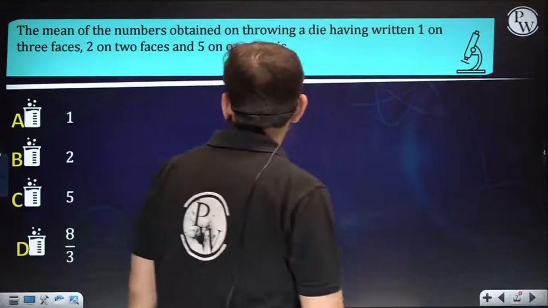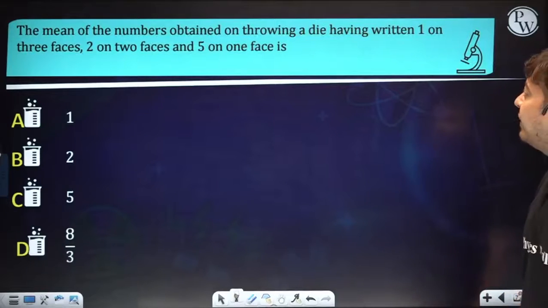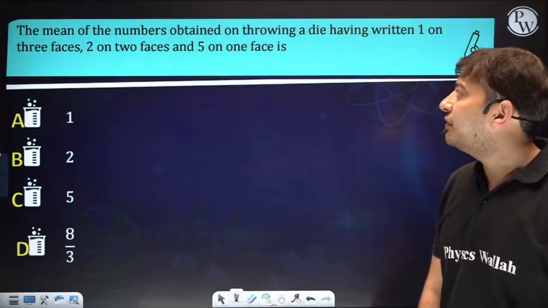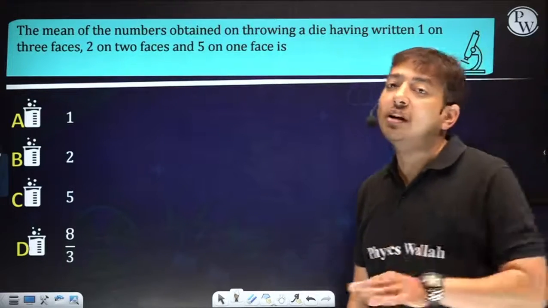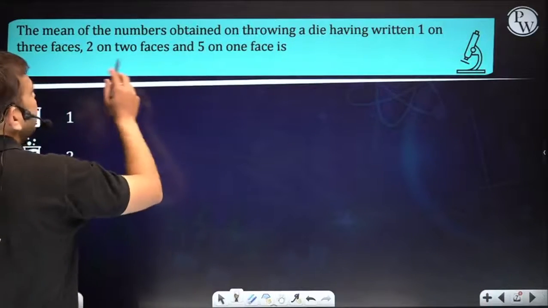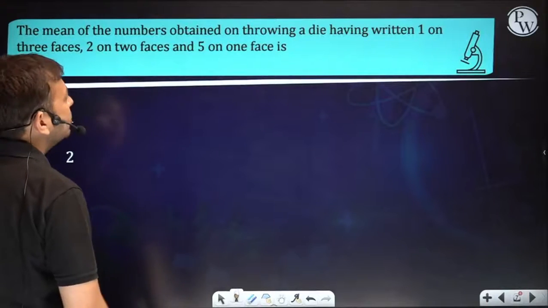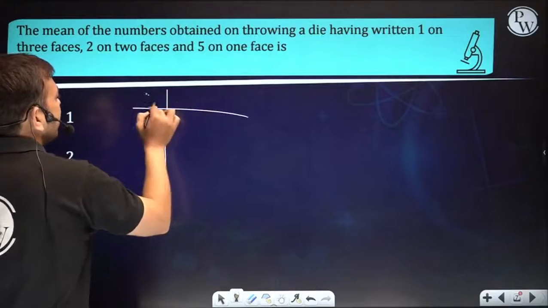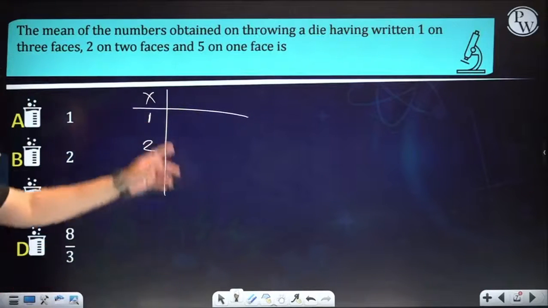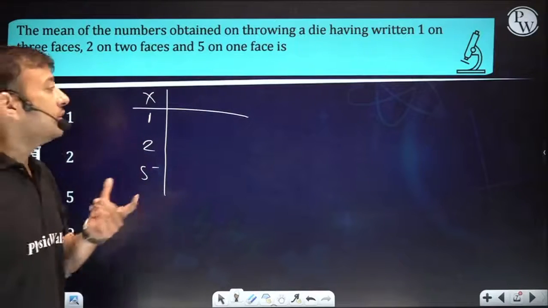Next. The mean of the numbers obtained on throwing a die having written 1 on 3 faces, 2 on 2 faces and 5 on 1 face is. They are asking for the mean. So the random variable will become 1, 2 and 5, because it is written on the faces.